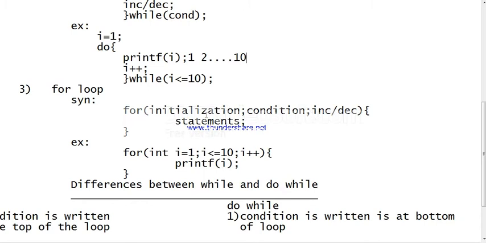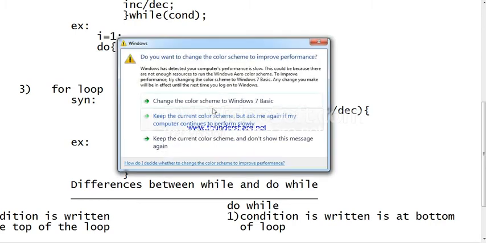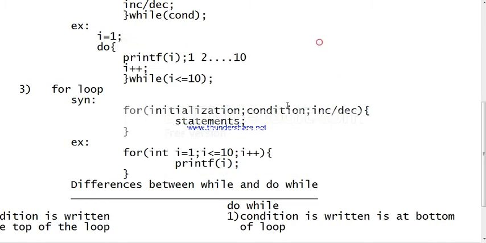Initialization indicates where we have to start the loop, and based on the value initialized here, the condition is checked. If the condition is true, then only the statements get executed. After executing the statements, the value is incremented or decremented by 1. Again the condition is checked and the statements are executed.